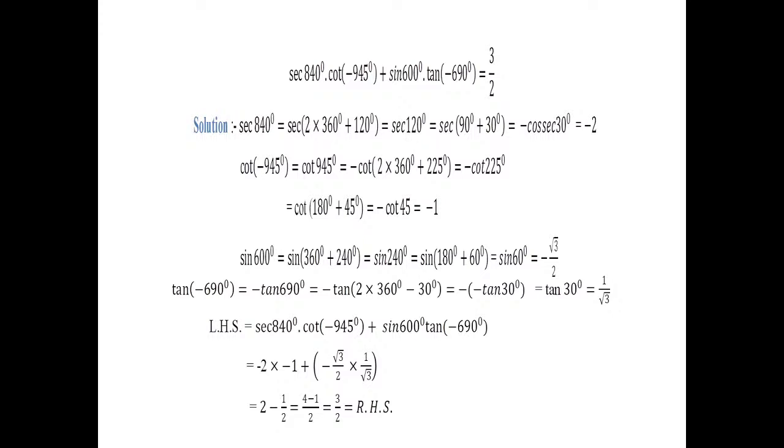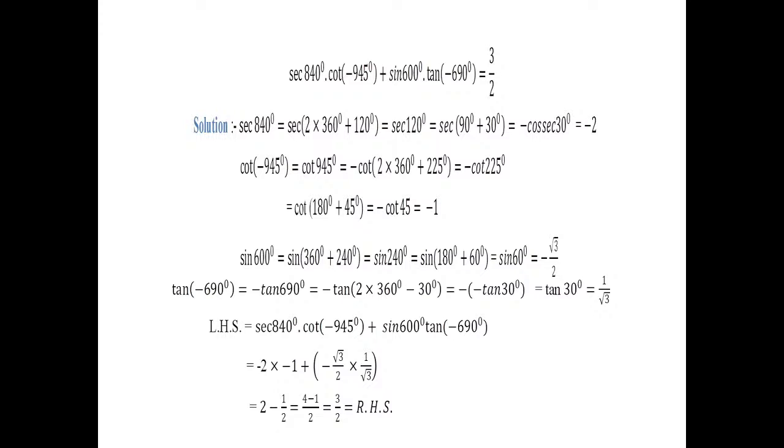Next example: sec of 840 degree into cot of minus 945 degree plus sin 600 into tan of minus 690 is equal to 3 by 2.